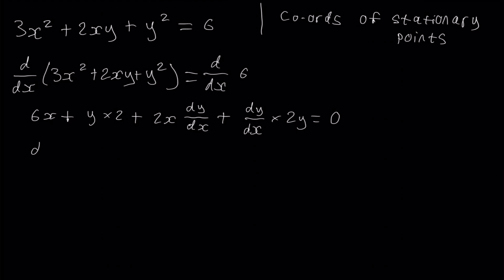So we will have dy over dx multiplied by 2x plus 2y, and this is going to be equal to negative 6x minus 2y. We can of course divide both sides of this equation by 2.